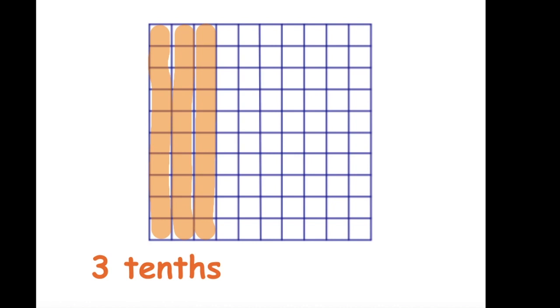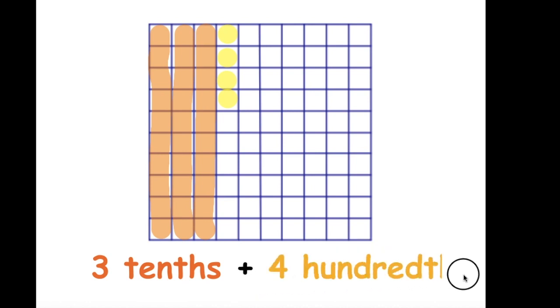Now if we want to add 4 hundredths, we would have to shade in 4 individual small hundredth size squares. So that would give us 3/10 plus 4 hundredths together is 34 hundredths. And we know this because altogether there are 34 squares out of 100 colored in.